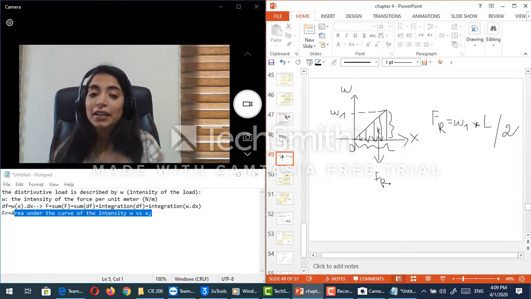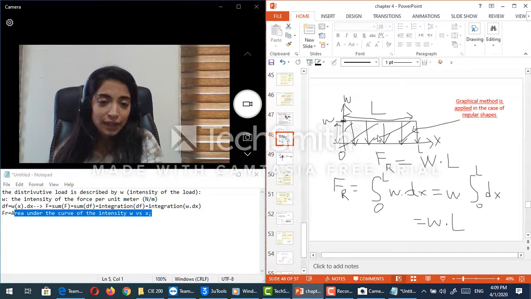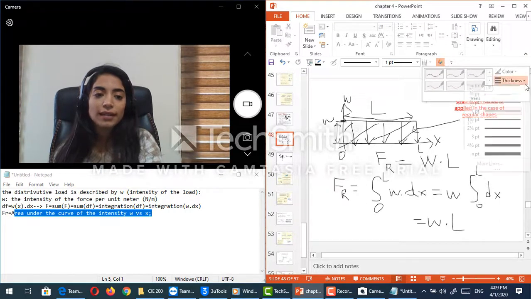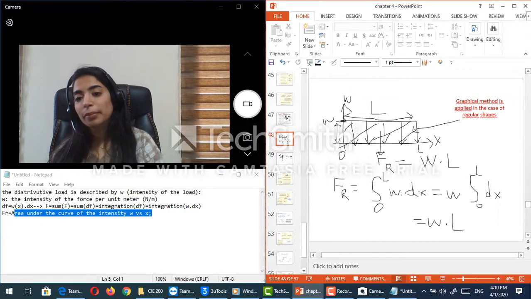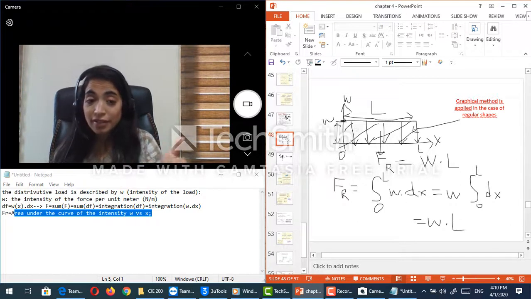Because in fact, the location of F resultant will help me in finding the moment under any point on this beam. What do you think? What is the location here of F resultant? So basically, guys, the location here of F resultant is at the middle point of the beam at L/2. It is at the center of gravity of this beam.